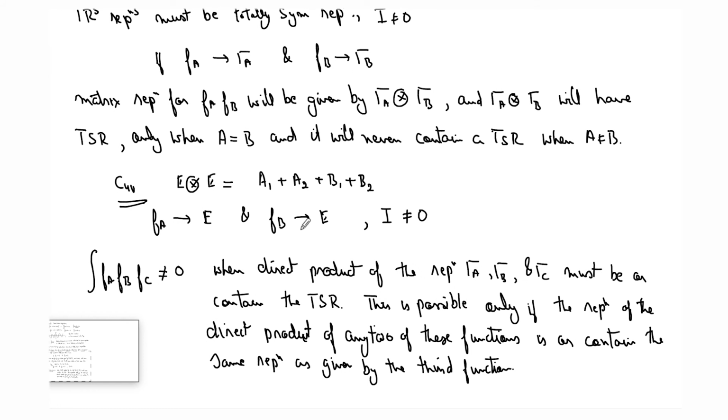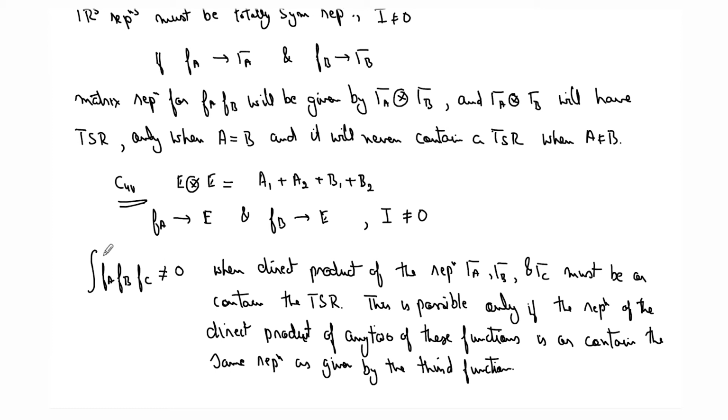So let's try to digest this. What we are saying is that if there are three IR representations corresponding to these three functions, then the direct product of all three must contain the totally symmetric representation.